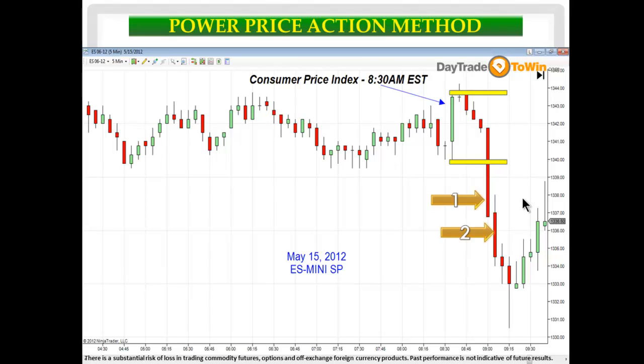And even though I got in here, this is 5 points here, pretty much, or 4 points. I'd be very happy with 4 points within 5 to 10 minutes. Not only that, you're going to have this becoming some type of support. So if it comes out and it comes right back in, this is your opportunity, which I call a prove it stop.